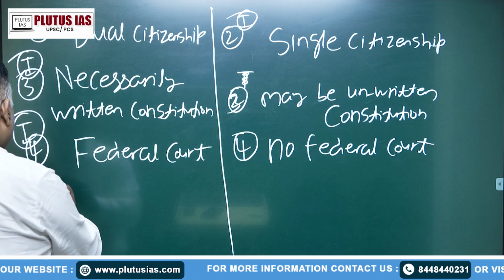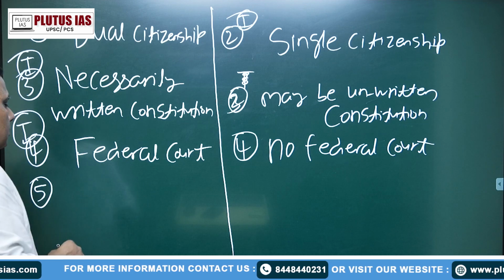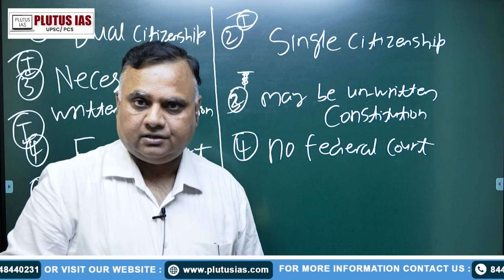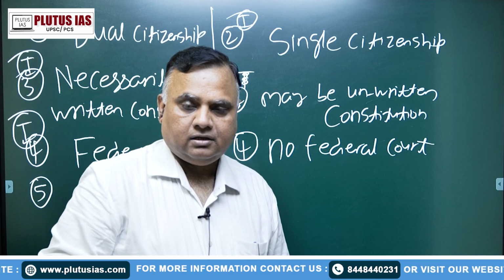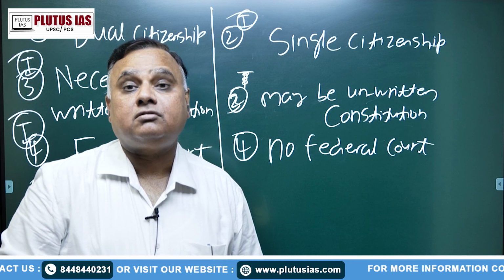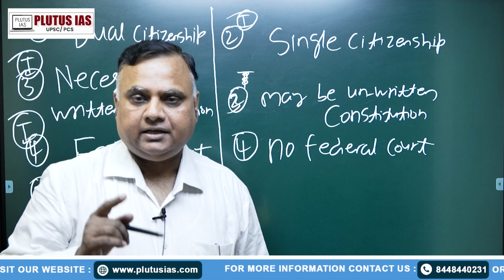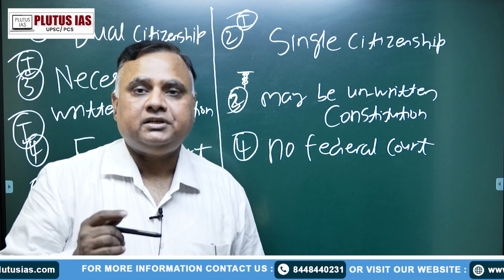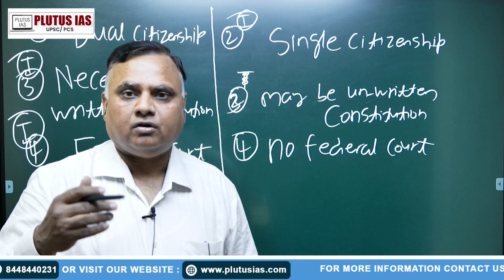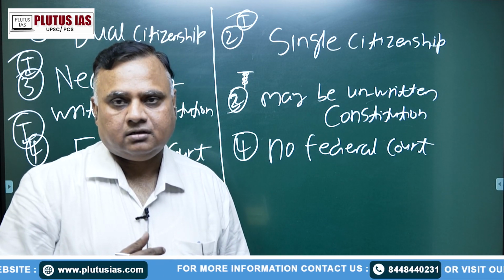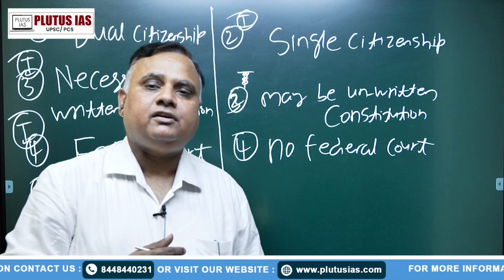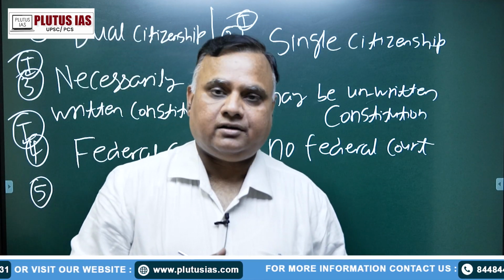The next provision which also protects weaker states vis-a-vis a stronger center is giving representation to states in the upper house of the central legislature. Like in America, the Senate represents states. The Senate is the upper house of the central legislature, and states are given representation at the union legislative level to protect their rights and interests.